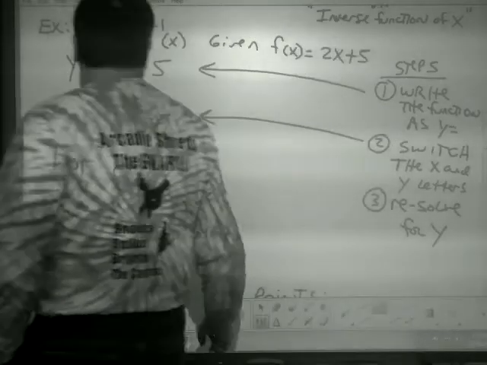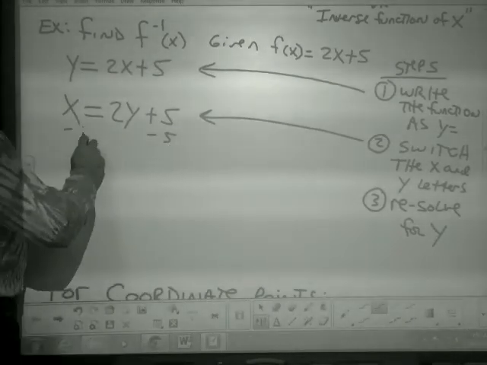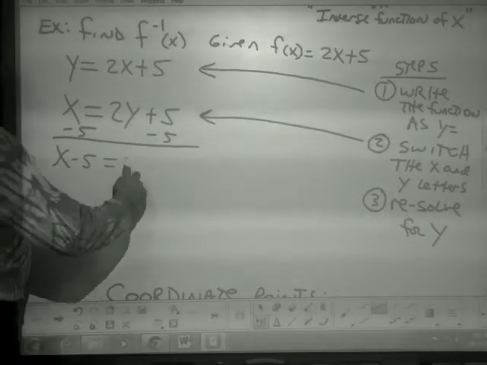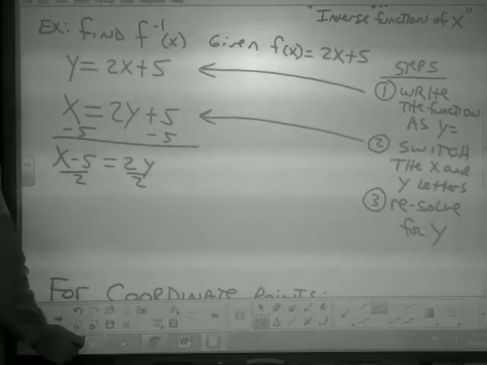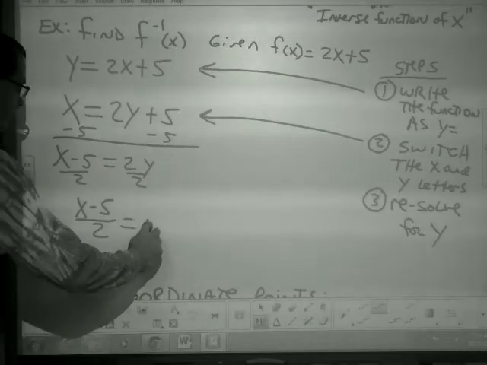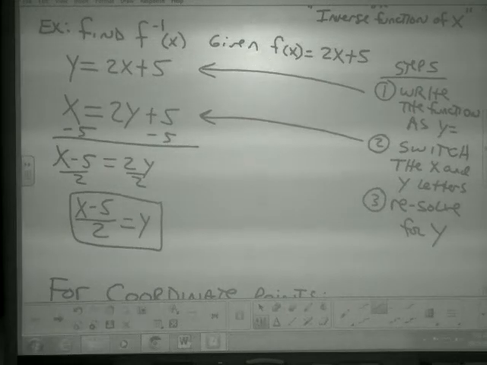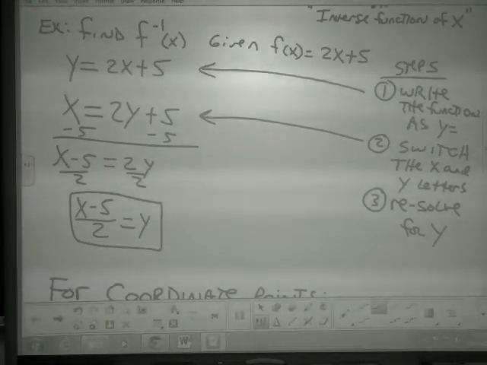I want y by itself, so I'm going to move the 5. Take away 5, take away 5, x take away 5 is 2y, divided by 2, and x minus 5 divided by 2 is y. Done. There's my inverse function.